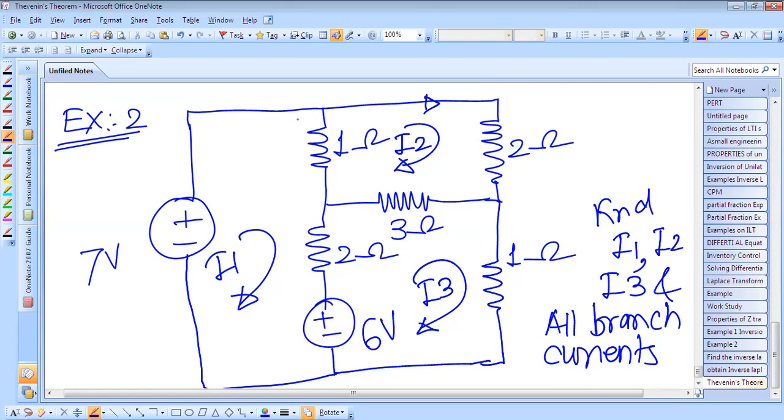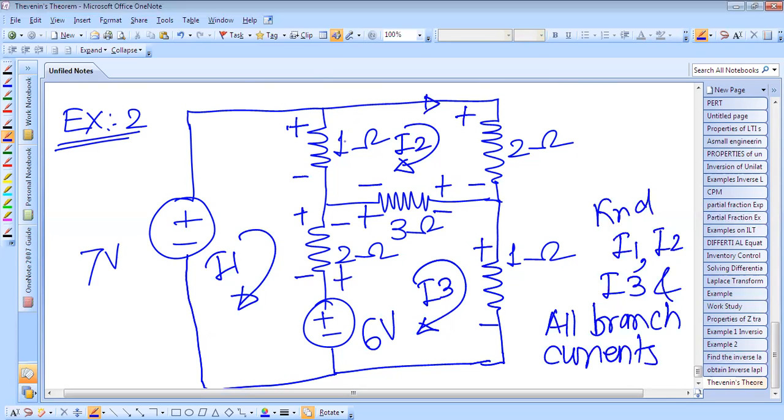So give the polarity to these resistances. This is plus minus, this is plus minus. Okay, if you move in this direction, plus minus, plus minus. If you move in this direction, this is plus minus, plus minus, plus minus.